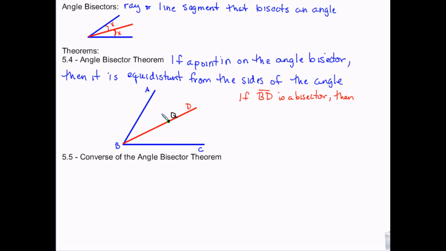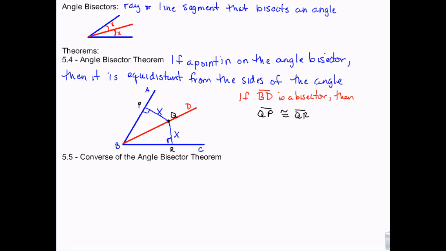And I take this, and distance is always perpendicular, so we'll just say it's perpendicular. This distance here will be the same as this distance here. So QP will be the same length as QR, and it'll be perpendicular to the side of the angle.